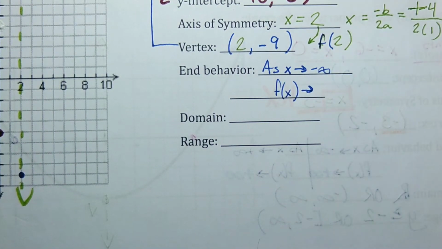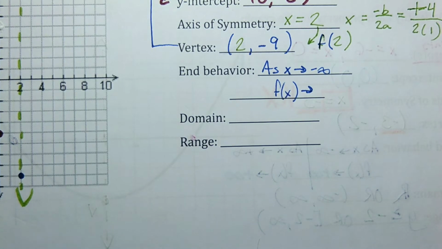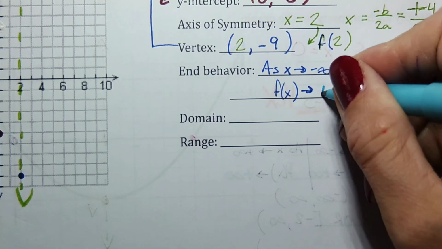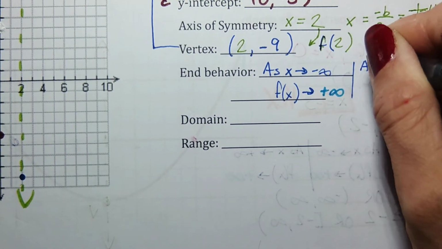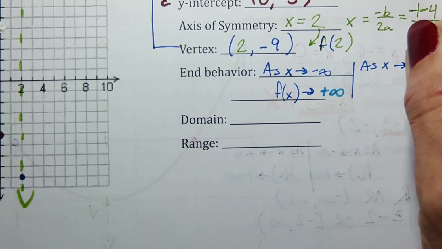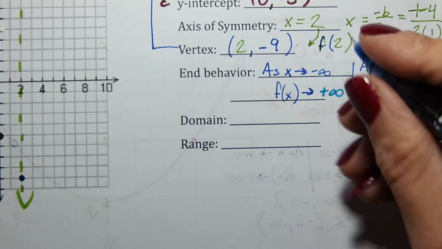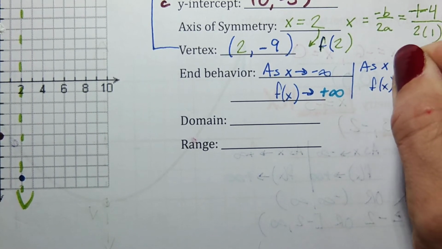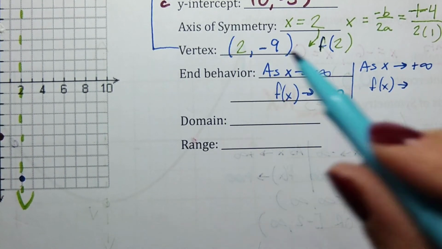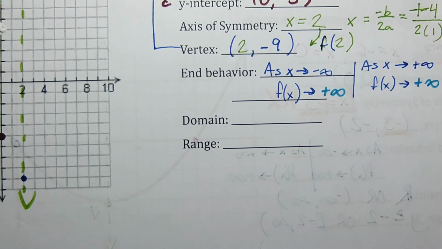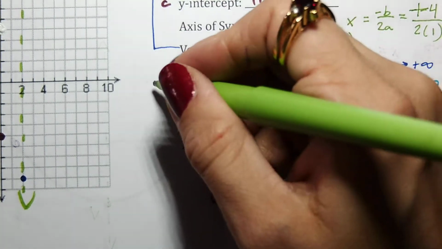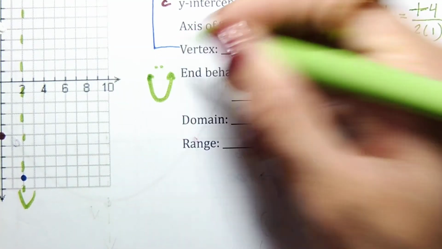Why, it's going up towards positive infinity. And then as x goes towards positive infinity, our function is going up towards positive infinity. And you can go ahead and just draw that little happy face graph there.